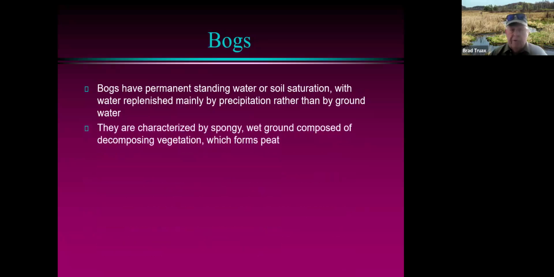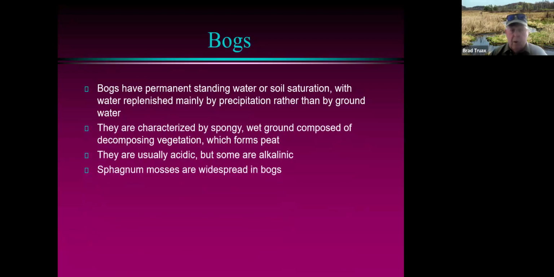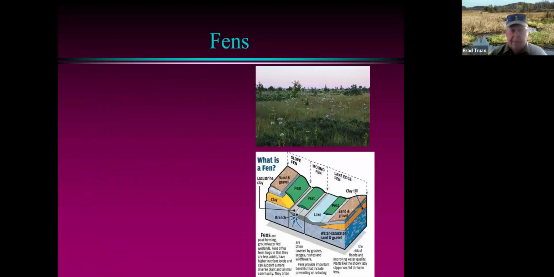And they're characterized by very spongy, wet ground that's composed of decomposing vegetation, and that in turn turns into peat. They're usually acidic, but some are alkaline, and sphagnum mosses are widespread in the bogs. Cranberries will grow in the bogs, and the term boggy essentially means wet and spongy, like a bog.